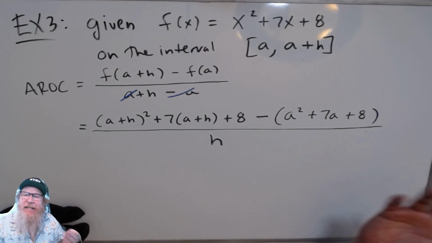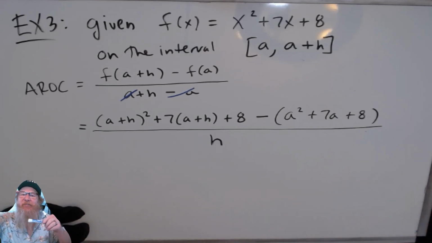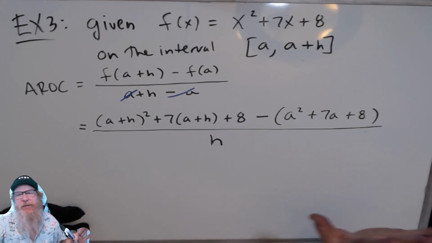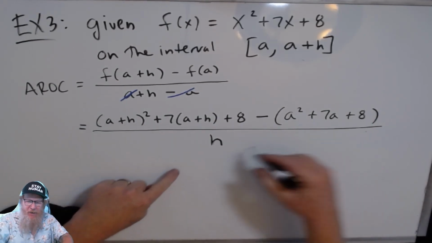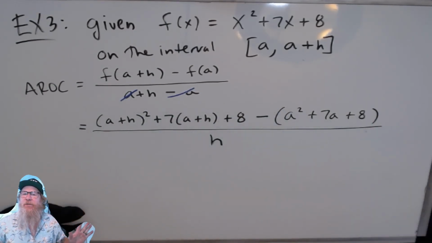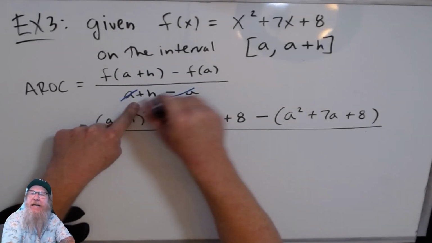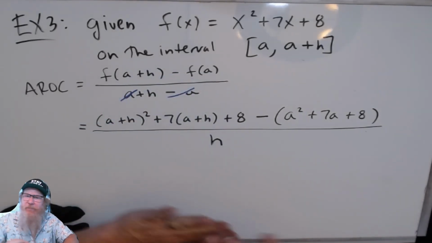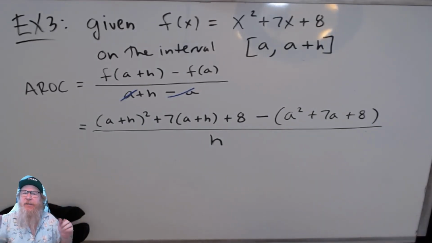If it's adding and subtracting the same number, then go ahead and cancel that. However, if you see dividing and it looks like you can cross them off, don't do it until the very end. You can do it at the very end, but if you try to cross things out now, for example, I've seen people cross off the A plus H's because one's on top, one's on bottom. Resist the urge to do any quotient canceling. Adding and subtracting, that's okay.